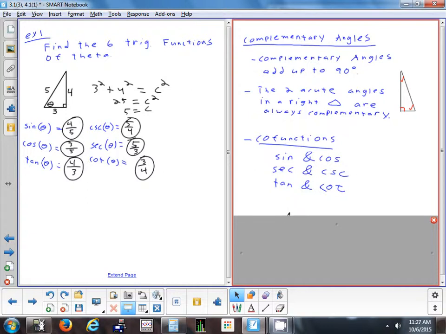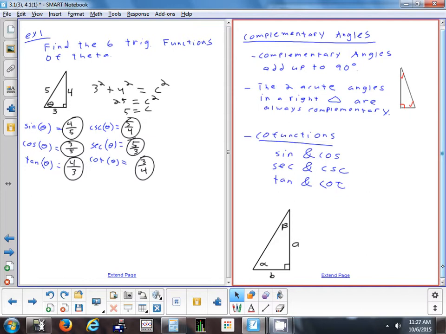Any questions on, if I gave you a function and said, what's the cofunction of it, how you'd find it? So if I said, Paige, what's the cofunction for secant? Cosecant. Callie, what's the cofunction for cosine? Sine. We wouldn't say cosine, we'd just say sine.